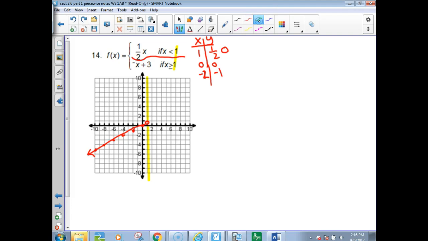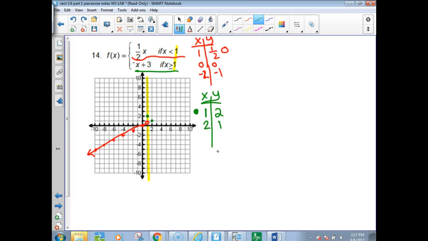All right, ready for the right side. So I'm making a separate t-chart. I'm plugging in 1. That will be a solid dot. And -1 plus 3 would be 2. So at 1, 2, I do have a solid dot. Some more numbers bigger than 1, 2. That'd be -2 plus 3, which is 1.